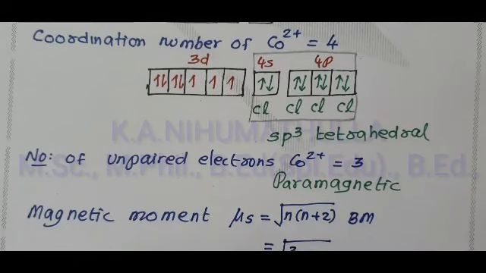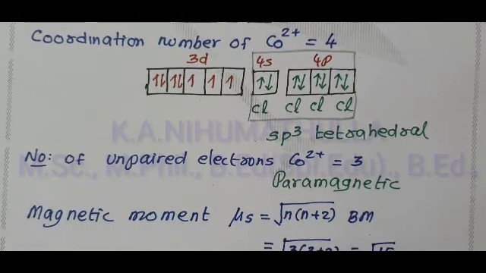When you substitute 3 and 3 plus 2, 3 plus 2 equals 5, 5 times 3 is 15, so it is root 15.